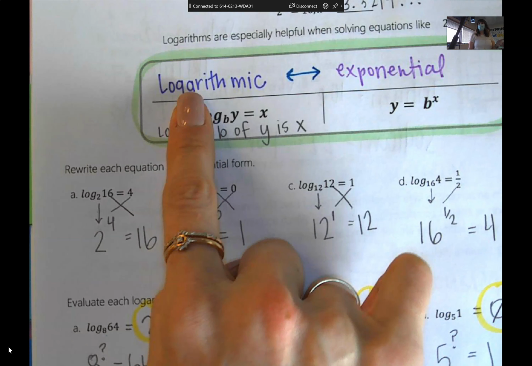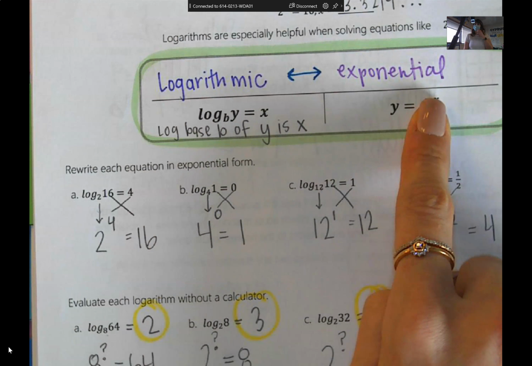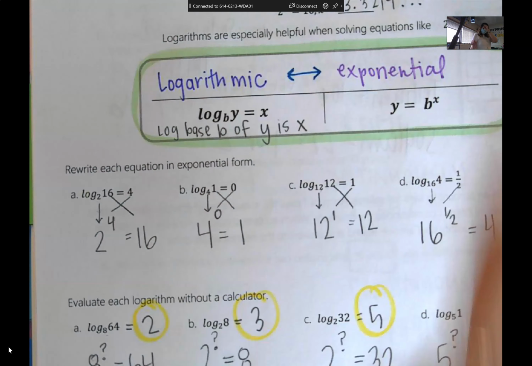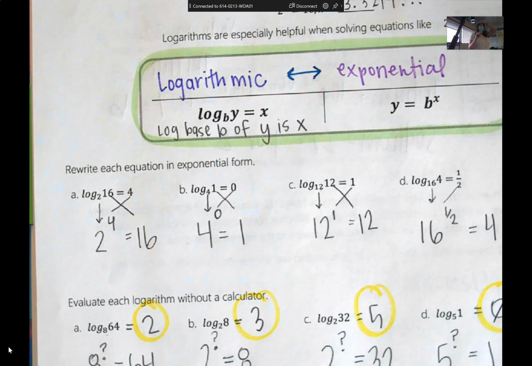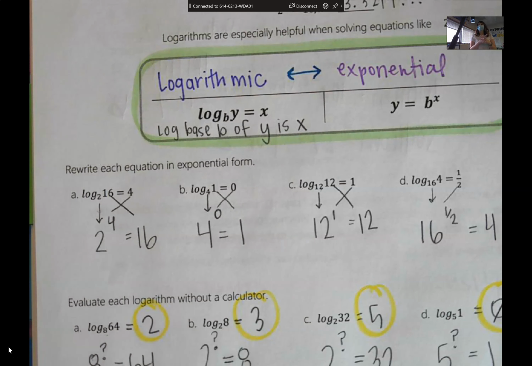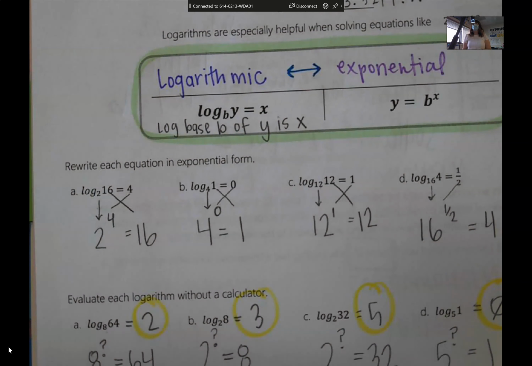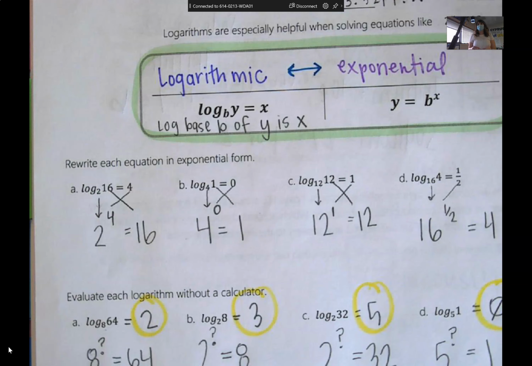We can take a log and rearrange it as an exponent. The reason that we can do this is because logarithms and exponents are inverses of each other. So just like addition and subtraction are inverses and multiplication and division are inverses, logarithms and exponentials are inverses.